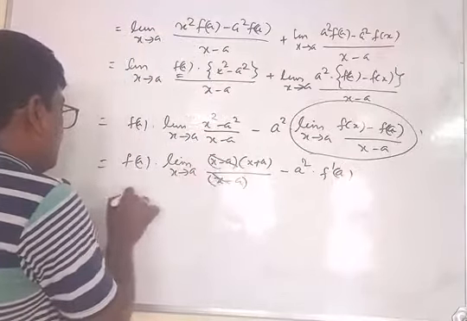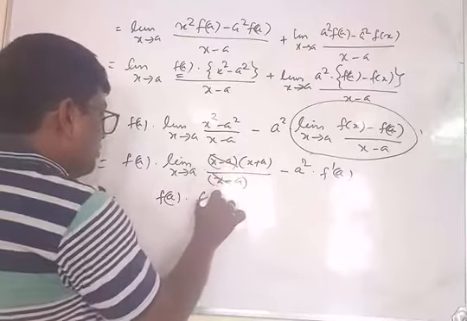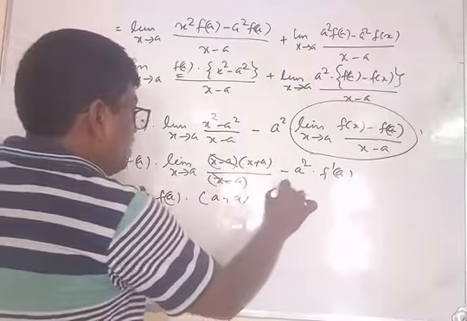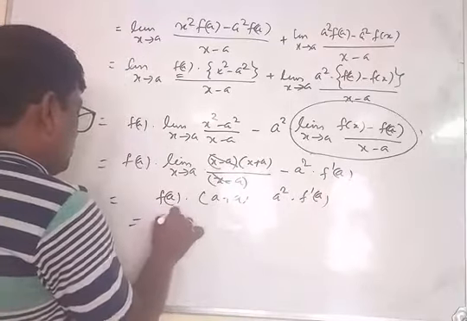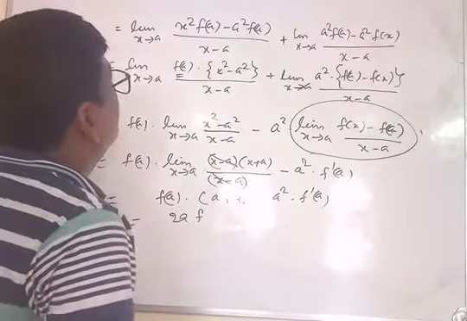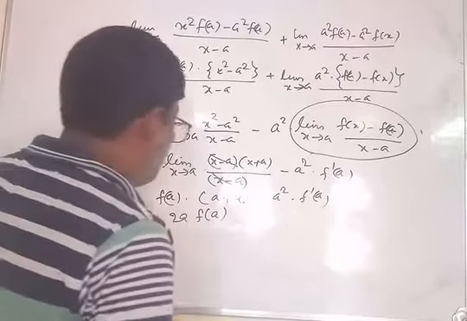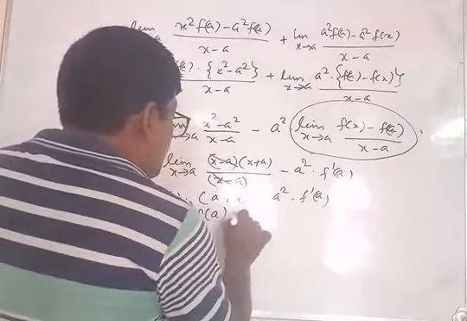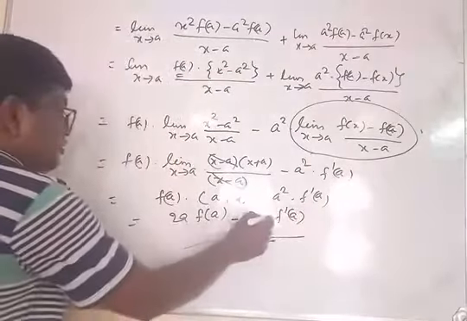Put x equal to a here: f(a) into (a + a), minus a² into f′(a). Now a plus a is 2a, so 2a f(a) minus a² f′(a). This is proved.